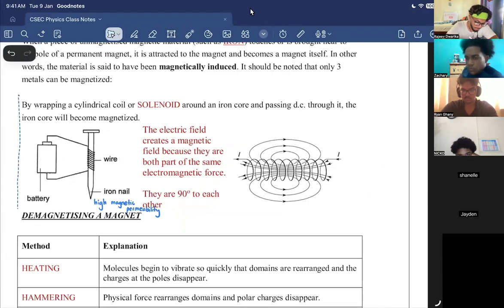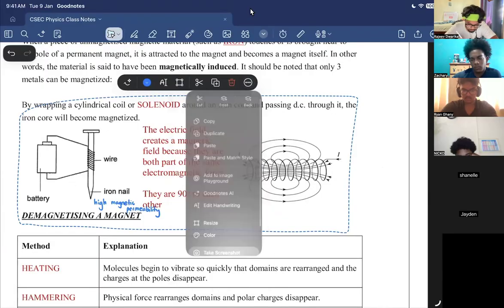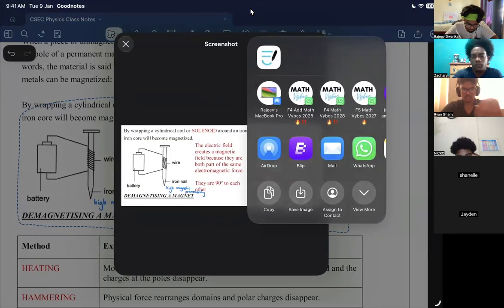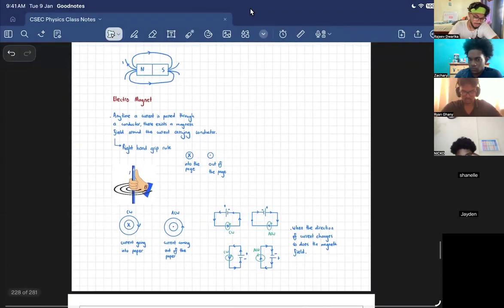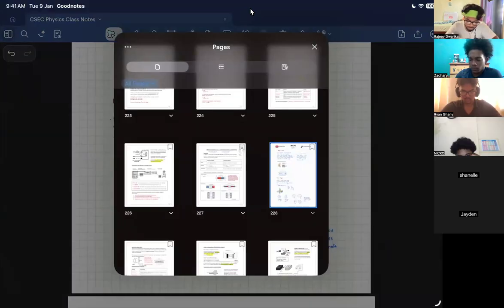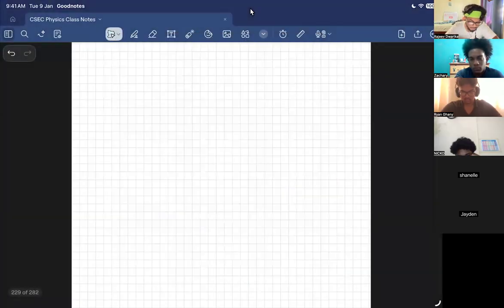Okay, so I want you guys to copy this part down here. You have to copy this down. So we now understand one of the most key concepts, which is that if you pass a current through a wire, you're going to generate a magnetic field around it.